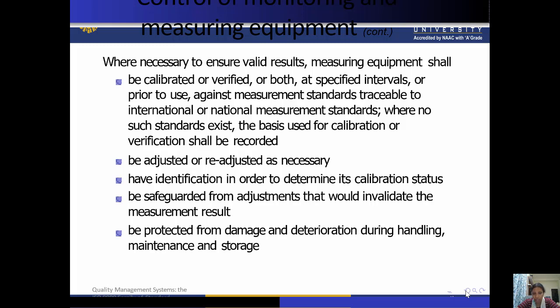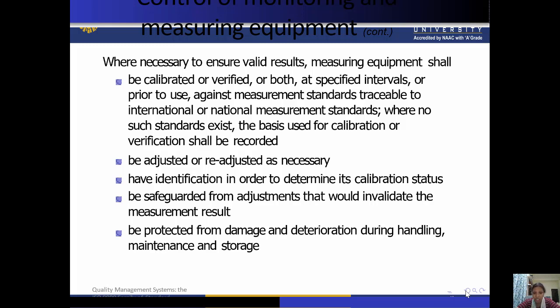Where no such standards exist, the basis used for calibration or verification shall be recorded; be adjusted or readjusted as necessary. This is very important when you are controlling any measuring equipment, so being adjusted or readjusted as necessary is important.